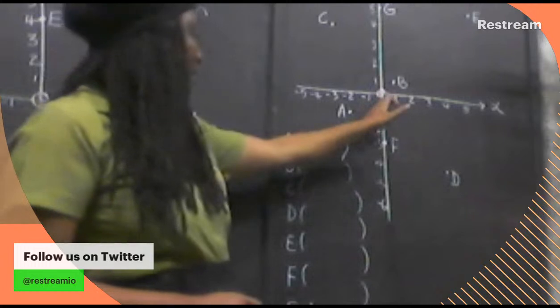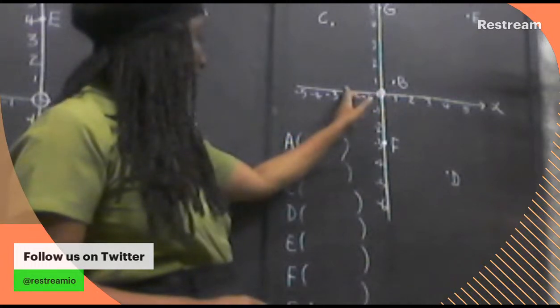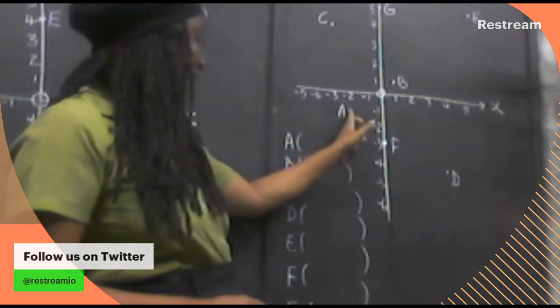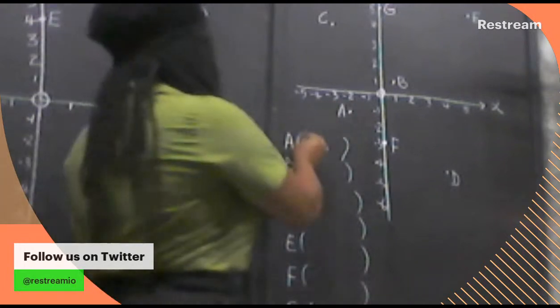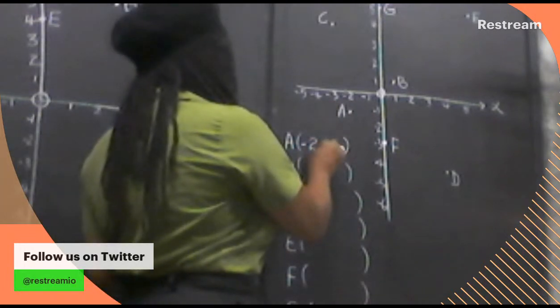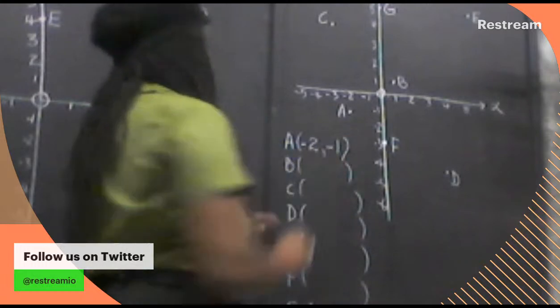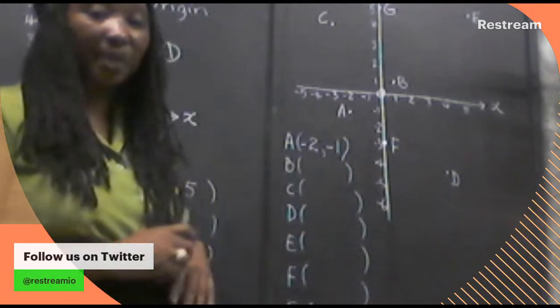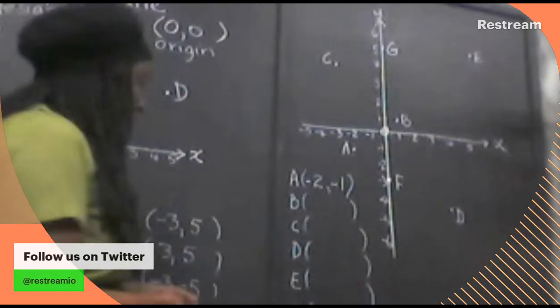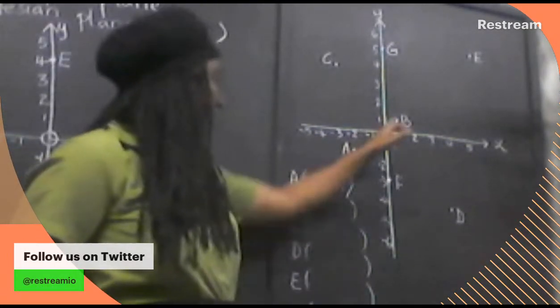So that would be -2 on the x and -1 on the y. So that's -2, -1 for point A. Look at point B and see if you can figure out and write down the coordinates for point B.